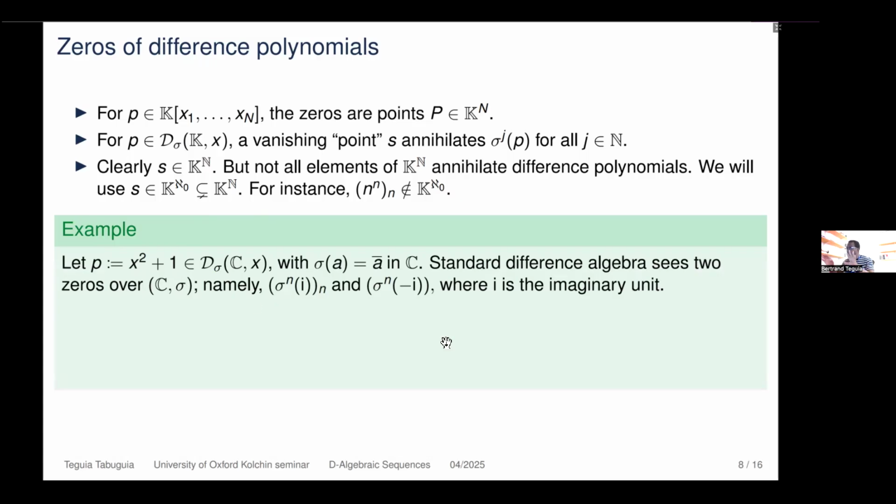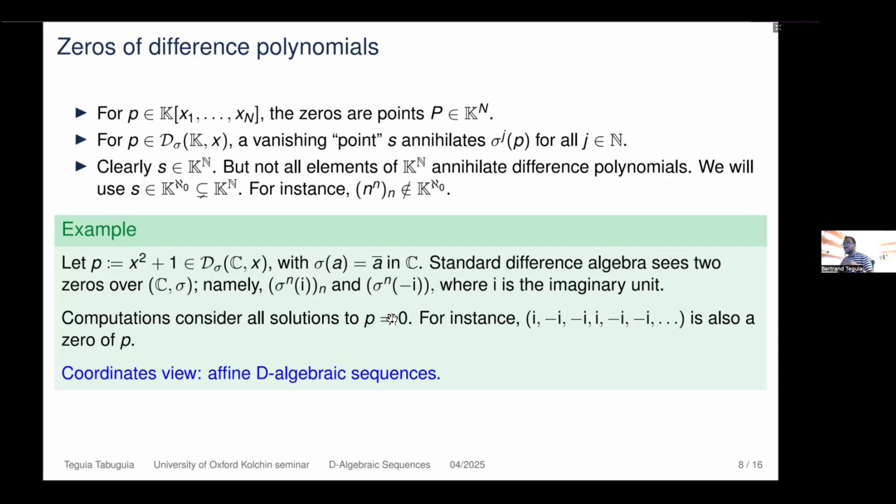In standard difference algebra, you can see two solutions to this in this difference ring. Those will be the sequences of i and of minus i, where i is the imaginary unit. But there are other solutions, and the computations with this equation will consider all these solutions.